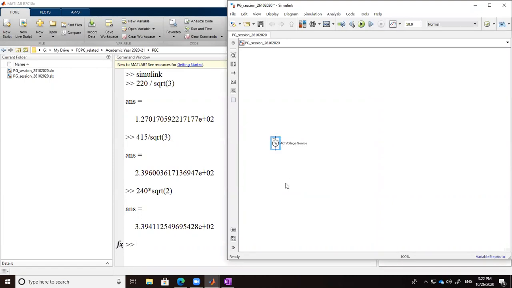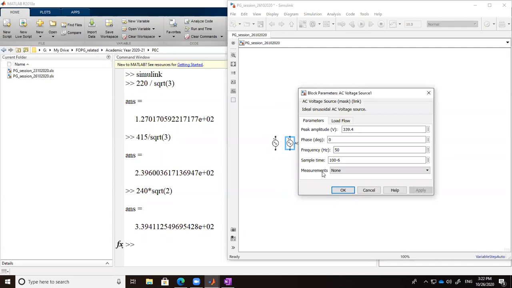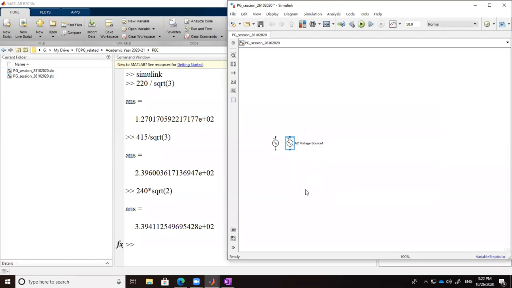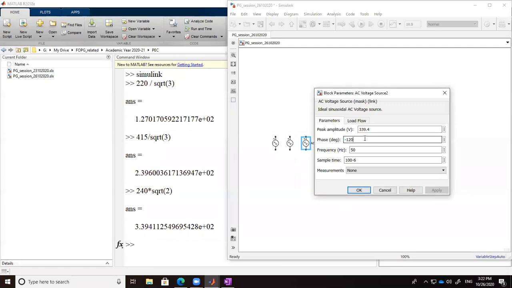Then I can copy this. This is another phase. Now the B phase has the same magnitude, but the phase is minus 120 degrees. Okay. Similarly, C phase has minus 240 degrees, or you can say plus 120.